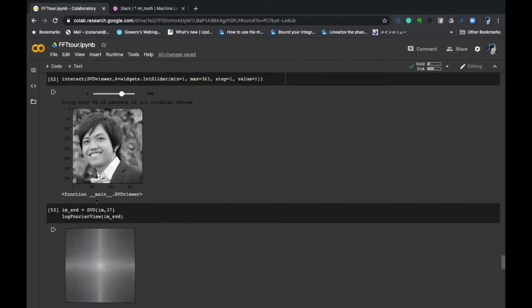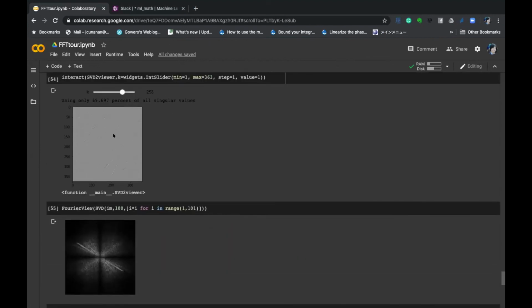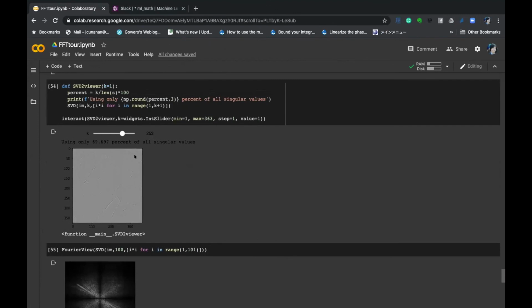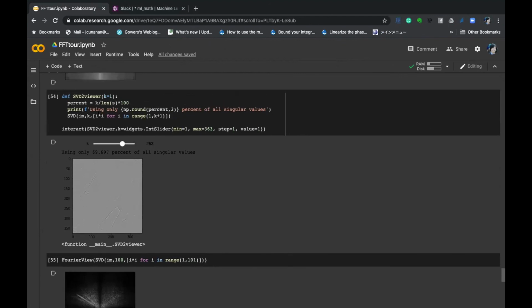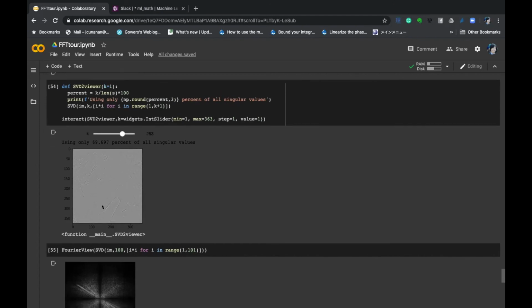That is the reason we got this photo here, because I am multiplying the lower ones by something while the first one remained as it is: for the first one i equals 1, so it's just 1, but for the second one i equals 2, so I multiply by 2, then I multiply by 100 on the 100th one, so they become bigger and bigger. What we can see here in the reconstruction is that it seems like a high pass filter has been applied.